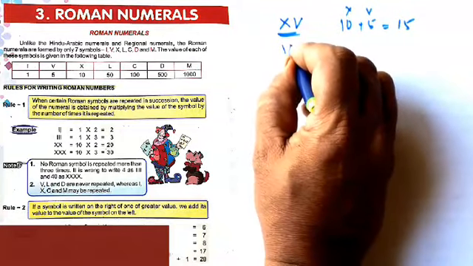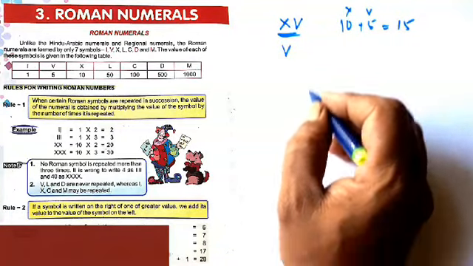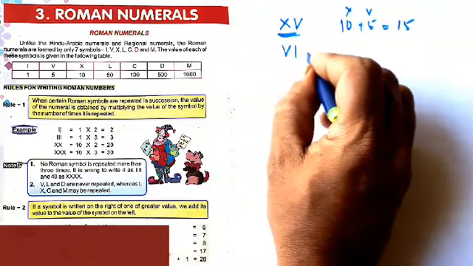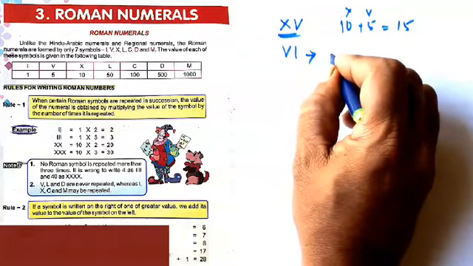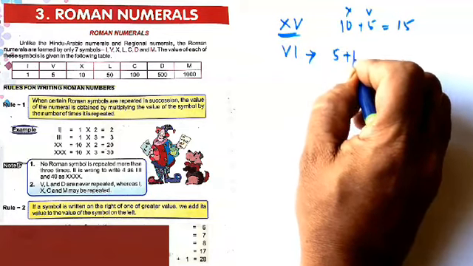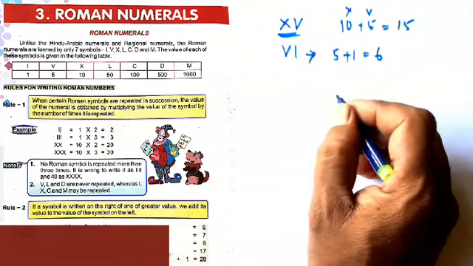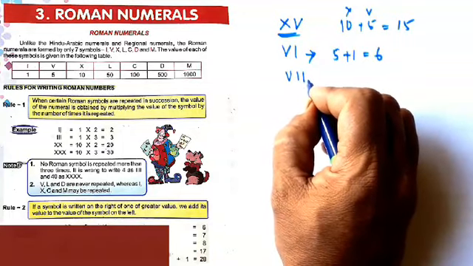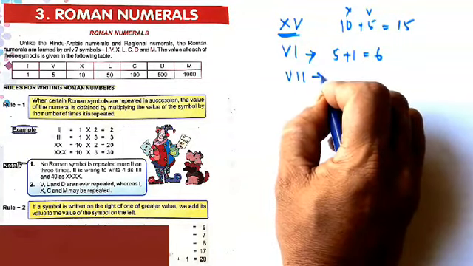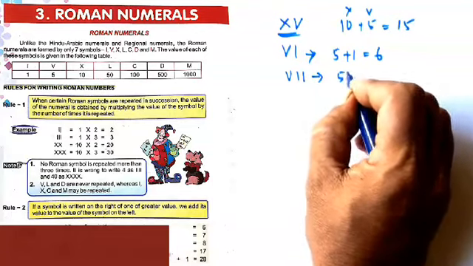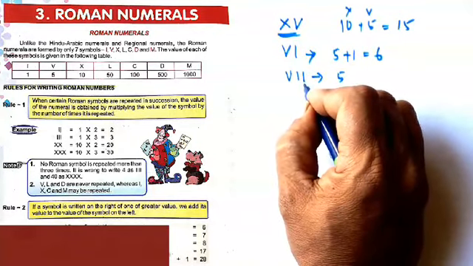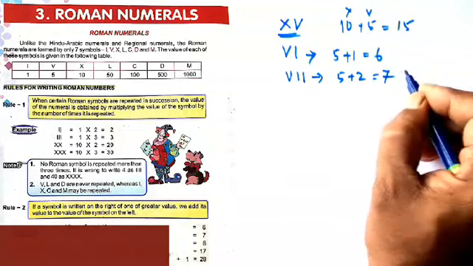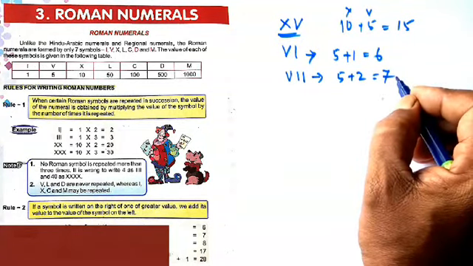Suppose a symbol is X, and we write another symbol V on the right. The value of X is 10, value of V is 5, so the total value is 15. XV means 15. Suppose there is a symbol V and we write I: the value of V is 5 plus 1, that is equal to 6. Suppose we write VII. Value of V is 5, there are 2 I's, so the value of 2 I's is 2, that is equal to 7. Okay.